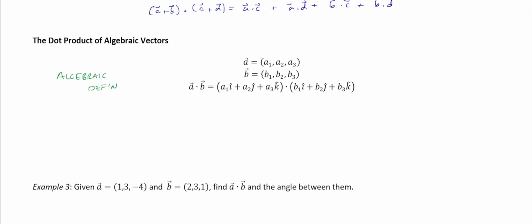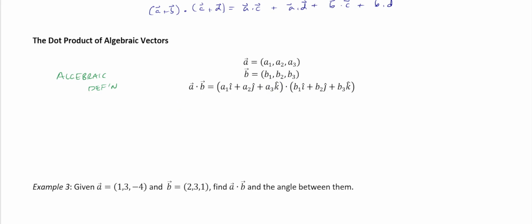If I have two vectors given these coordinates, a1, a2, a3 for vector A, and vector B is b1, b2, b3, when we take the dot product of them, we look at them in terms of their components: a1 times the unit vector in the x direction, a2 times the unit vector in the y direction, and a3 times the unit vector in the z direction.